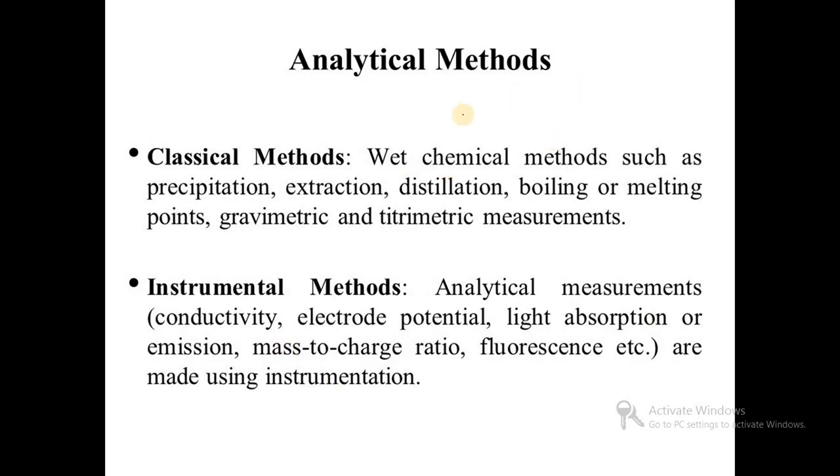In the case of analytical methods, there are classical methods, that is wet chemical methods such as precipitation, extraction, distillation, boiling or melting points, gravimetric and titrimetric measurements. These experiments we carry out in our laboratory, that is precipitation techniques, extraction techniques, distillation technique.